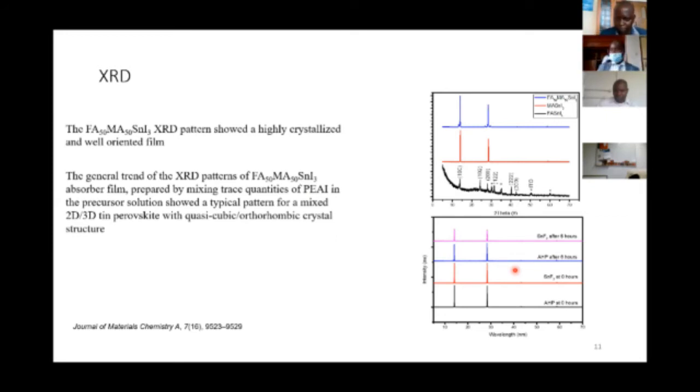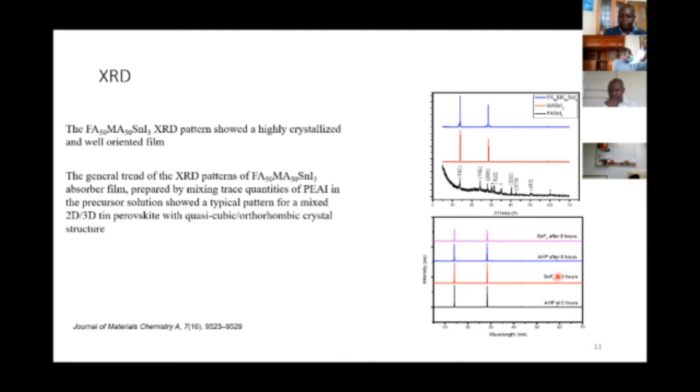No problem. From there, we tried investigating the stability of the two films, which is having the tin fluoride and the HP plus tin fluoride. And we discovered that after exposure to air for some time, the HP showed better peaks or better crystallinity than just that.